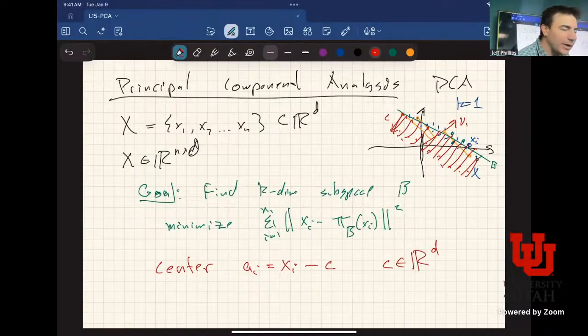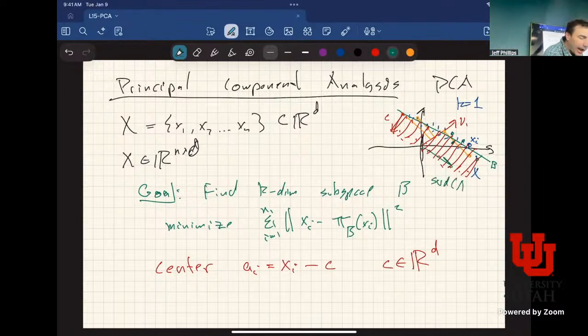Once I do that, then I can run SVD on A, which is going to output this V1 prime. Once I transform them so they're more centered, then I can run the SVD and get out this one-dimensional subspace, or a k-dimensional subspace if I wanted to.